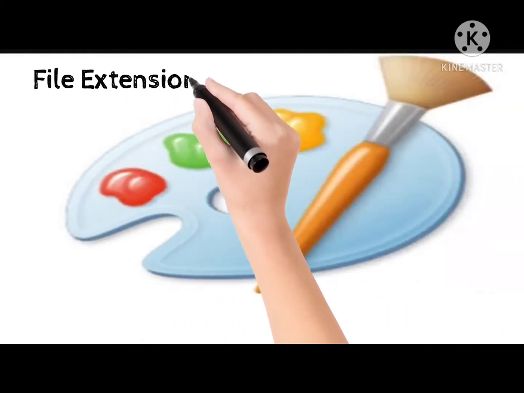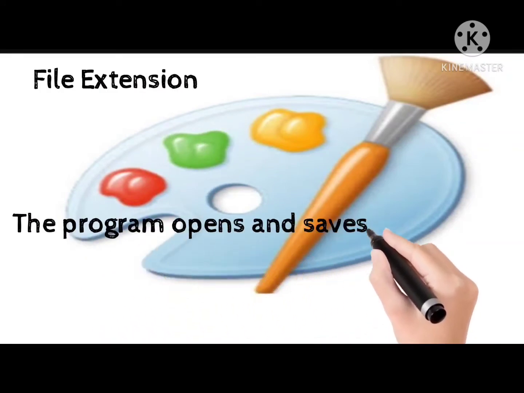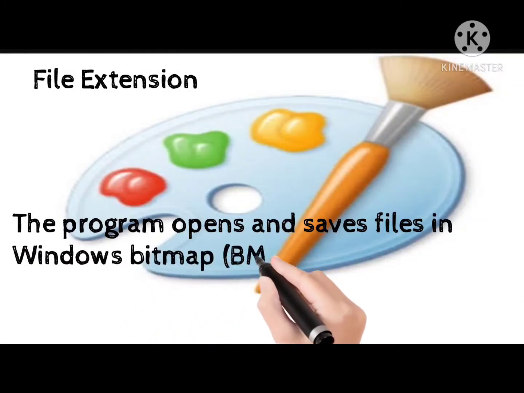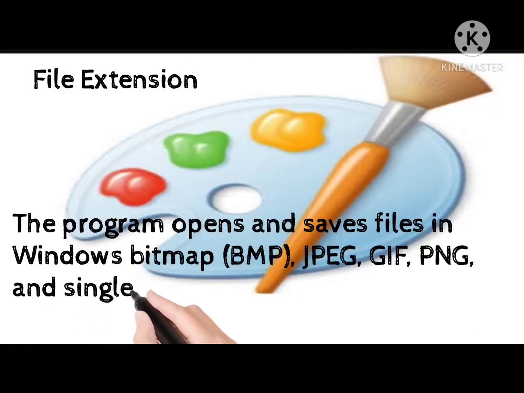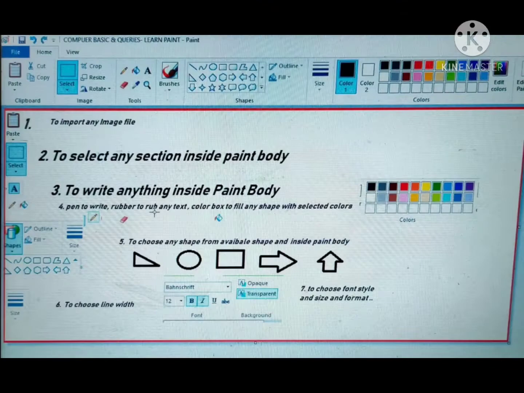It mainly produces images, or you can edit any image and so on. The file extensions are BMP, JPG, GIF, PNG and so on. These are the high level things which we are going to discuss and do the practicals.